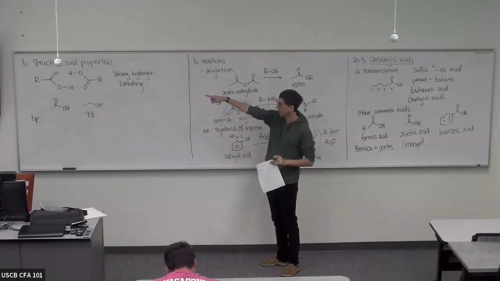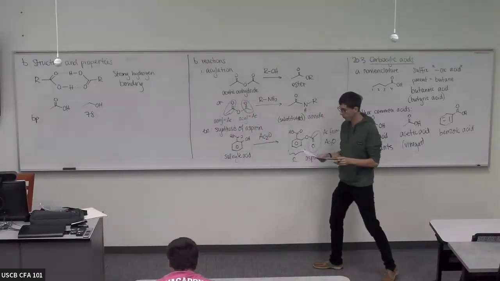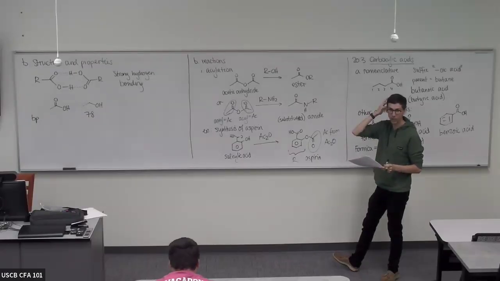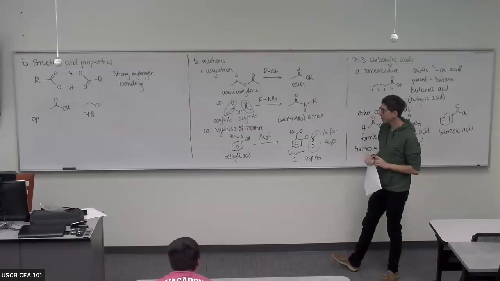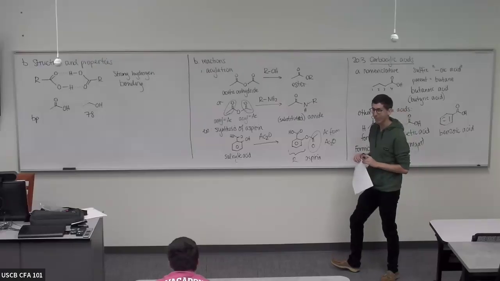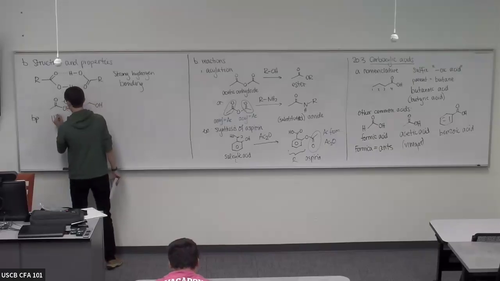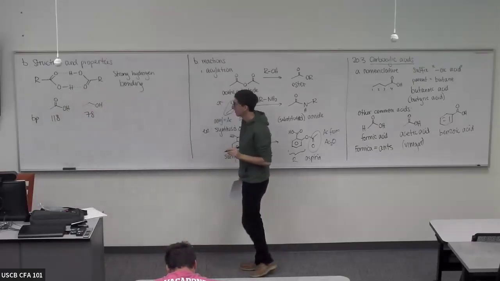So based on that hydrogen bonding, what do you think the boiling point of acetic acid would be? Higher or lower? Higher. In fact, significantly higher, 118.